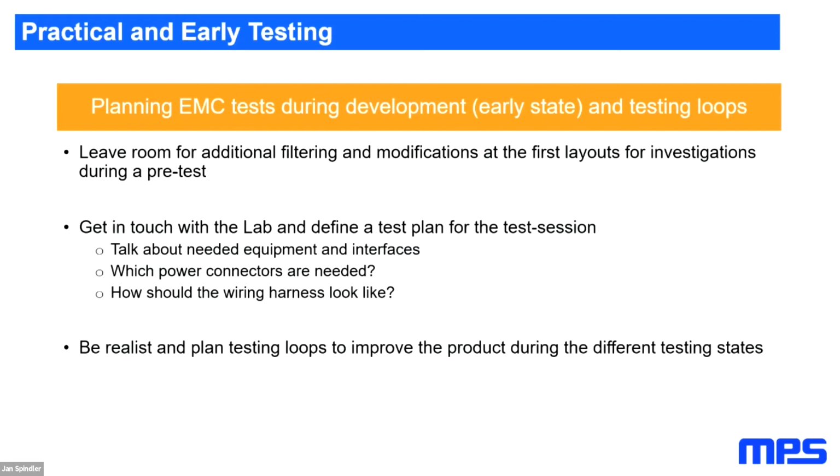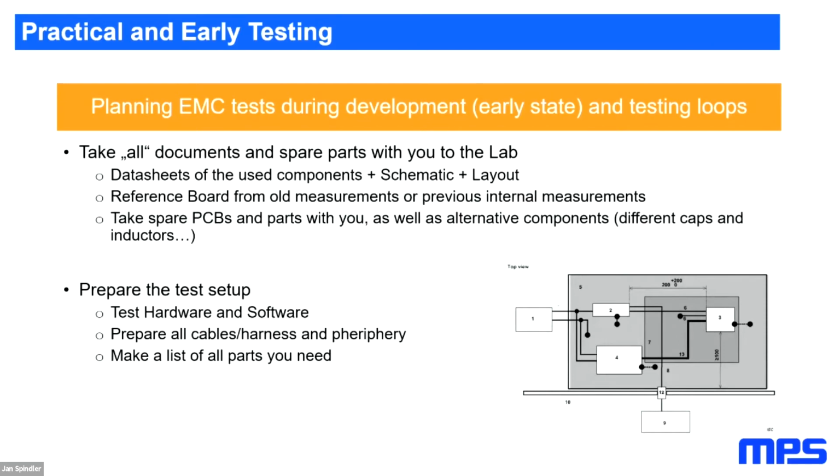On the one hand, it's not good to have too much filtering, too big caps, too much of everything. It makes no sense, because then you are not successful, as you cannot sell your product on the market. And the other thing is, if you have too little, you cannot fulfill the requirements. So that's why we always try to optimize.